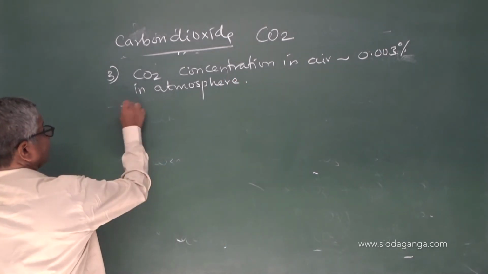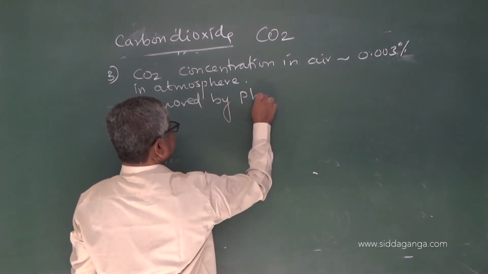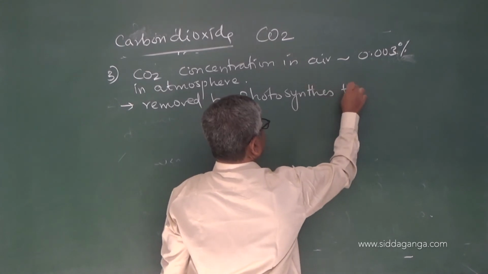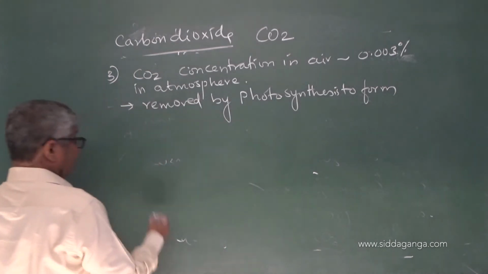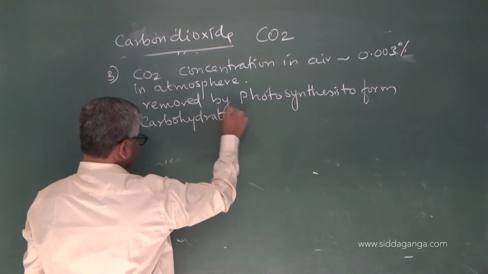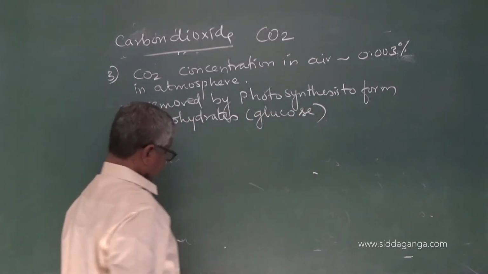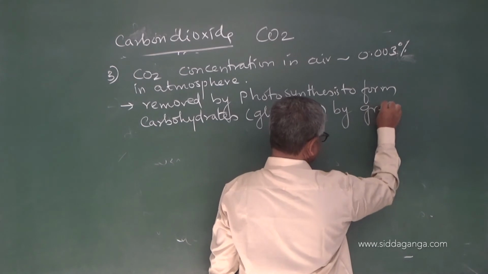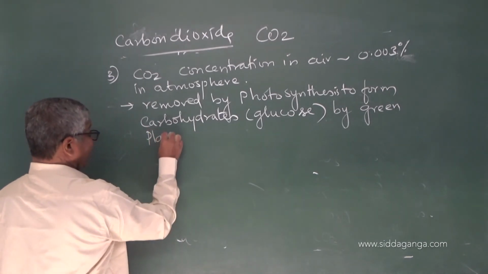and this is removed by photosynthesis to form carbohydrates, particularly glucose, by green plants.